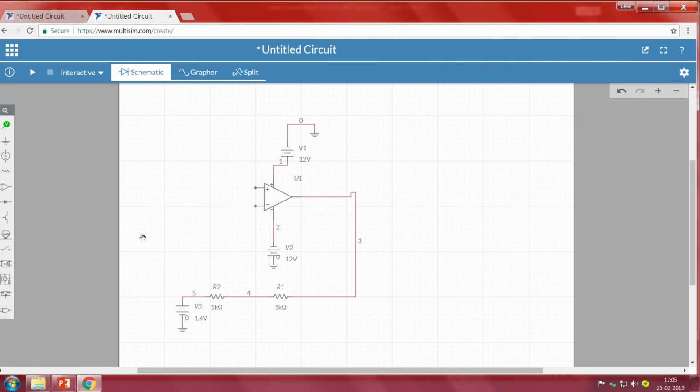Okay, now that we have this part, we have the other part where we take the input from your function generator.